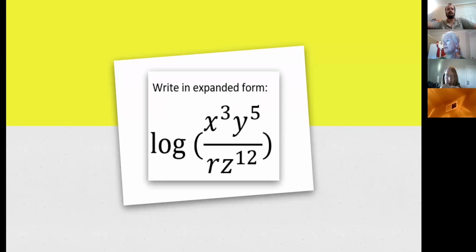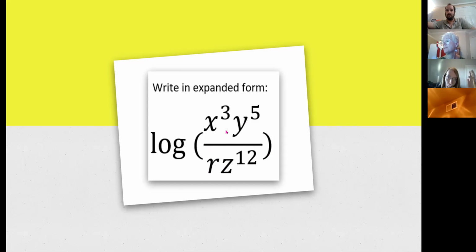Write this in expanded form. Remember that when you're expanding, you should have a log plus a log plus a log plus a log, however many variables or numbers there are, you would have a single log for each one of them, and then you just pull the exponents to the front.